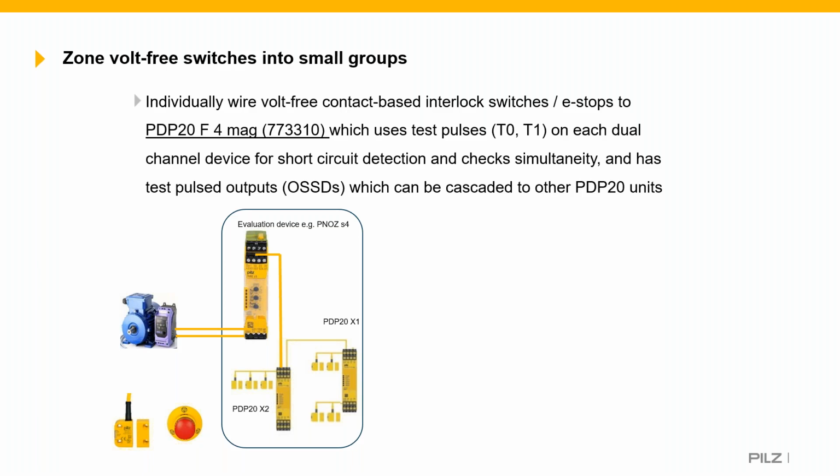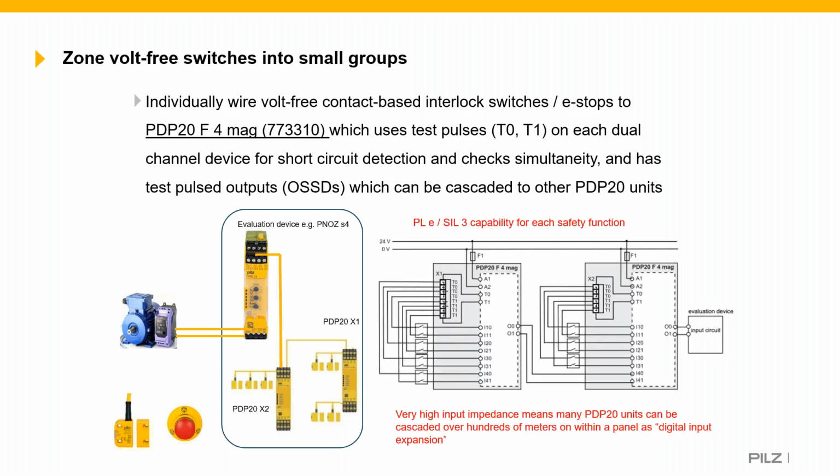They can be used for all volt-free switches, such as interlocks and e-stops, and this is an example of how it would be wired. They have a very high input impedance, which means that you can cascade over hundreds of meters or within a panel as a digital input expansion.